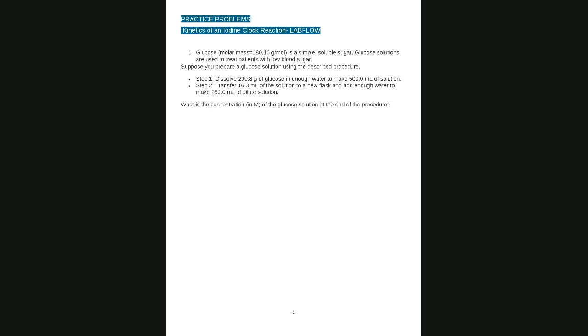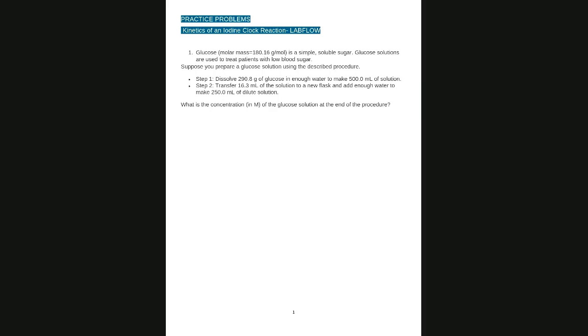Second step, they transfer 16.3 mL of the solution to a new flask and make a dilution to 250. And they ask you for the concentration. Now I'm asking you, would you like me to solve this problem, or would you like me to skip it?